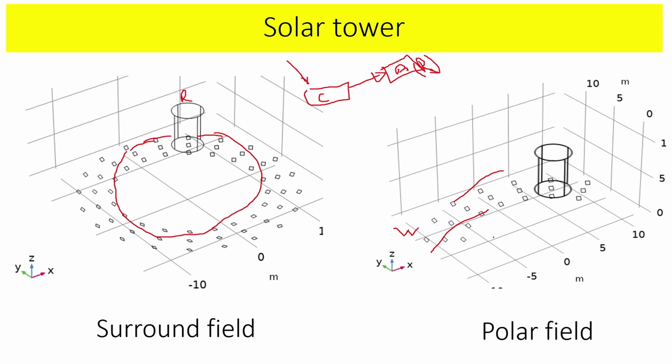There is no collector on this side. Only on one side, and the sunlight comes and gets focused on the receiver. Here the sunlight comes and gets focused on the receiver from all around, but here the sunlight comes and gets focused only on one side of the receiver, right? And we will see why we use this type of solar tower and when we do use this type of solar tower.